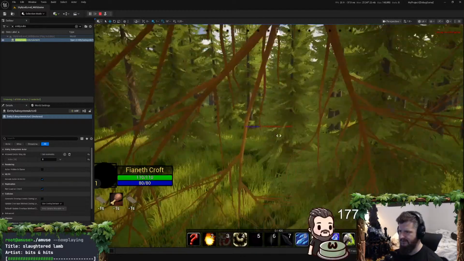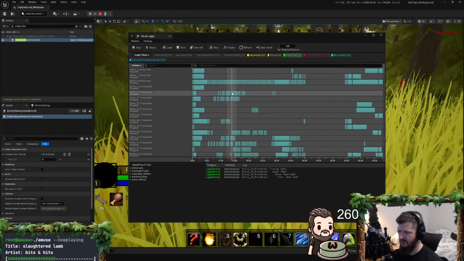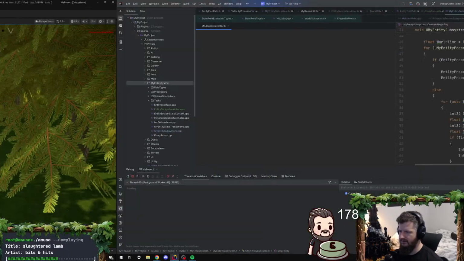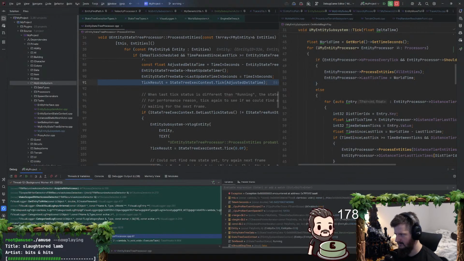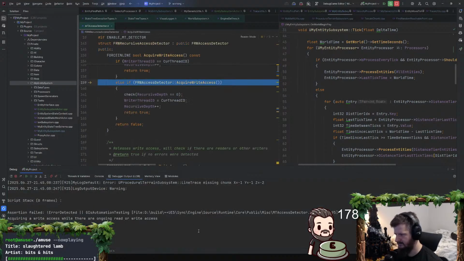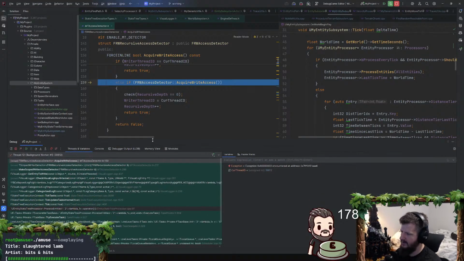What is all this that's not supposed to be logged? Oh, of course I clicked on entity 8. Oh, it's the state tree stuff. Oh my god. More state tree issues.